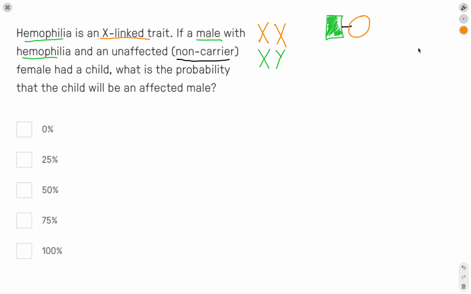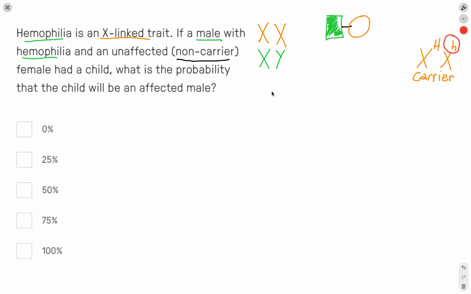what do carriers look like? So carriers would have the big H and the small h, right? This is a carrier because she is carrying the recessive allele.